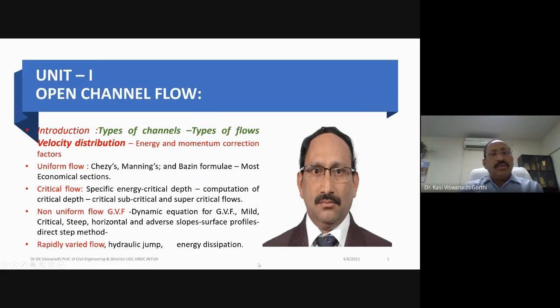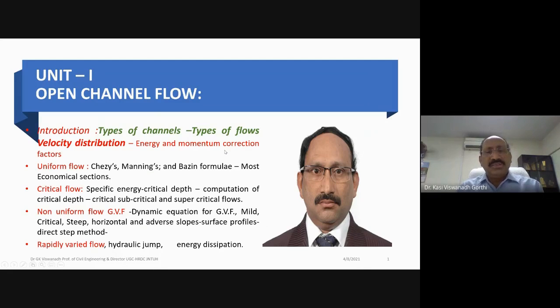Yesterday we discussed various types of open channels and the classification of flows in open channels, like steady and unsteady flow, uniform and non-uniform flow, laminar and turbulent flows, subcritical, critical and supercritical flows, etc. Apart from that, we have seen the geometrical properties of various sections like the rectangular, trapezoidal, and triangular channel sections.